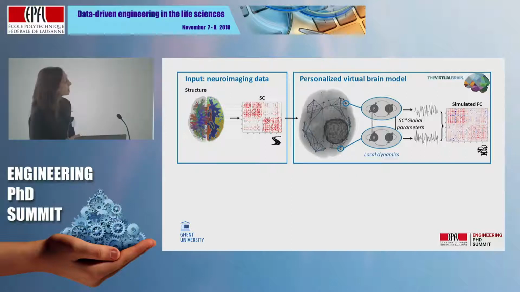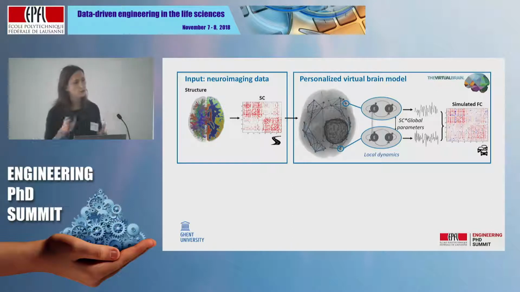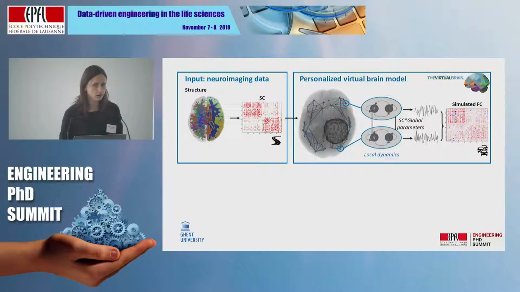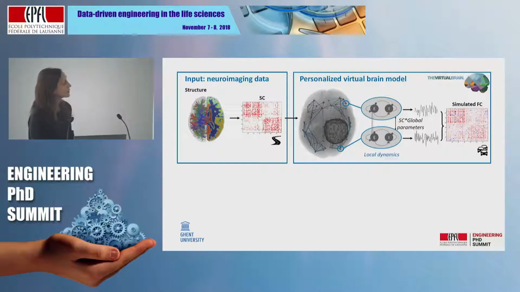So once we have this information, we can input it into The Virtual Brain, which is an open access neuroinformatics platform that allows simulation of brain dynamics. So basically what it does, there are many different types of brain models that you can use, but the one we use is the reduced Wong-Wang model, but that doesn't really matter so much.